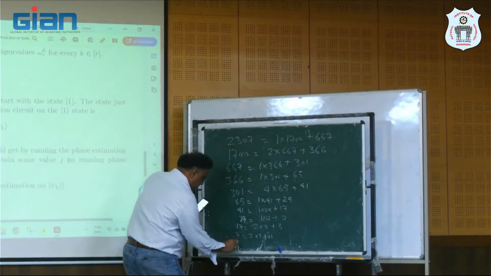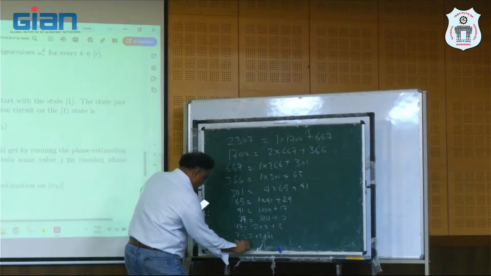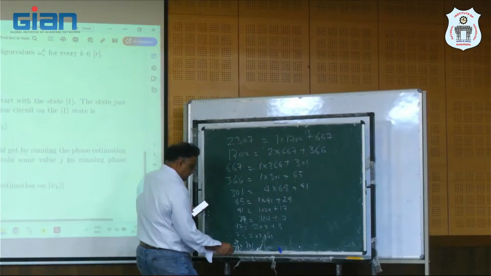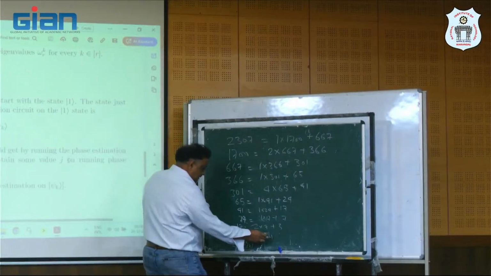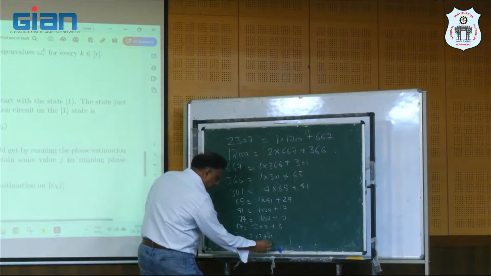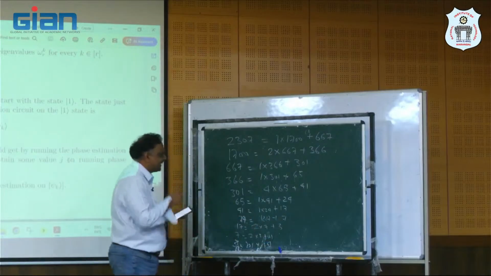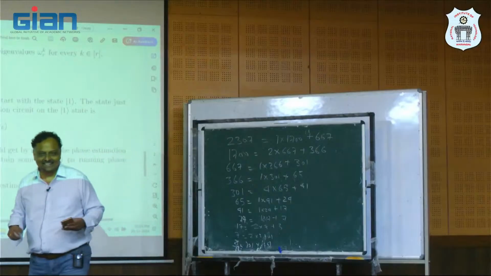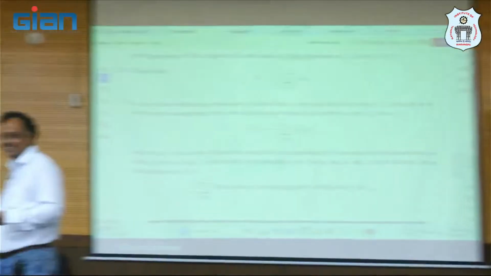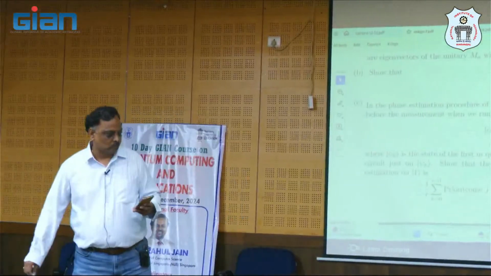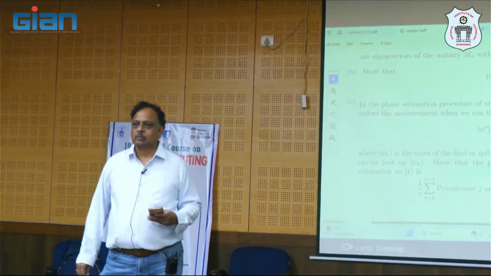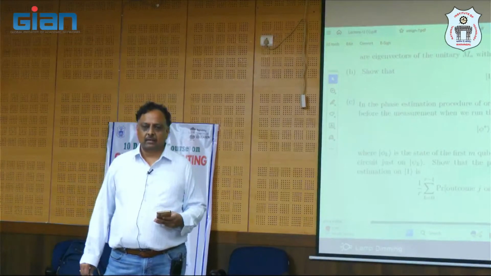Then 3 equals 3 into 1 plus 0. What is the GCD? 1. You see this? Euclid's algorithm.